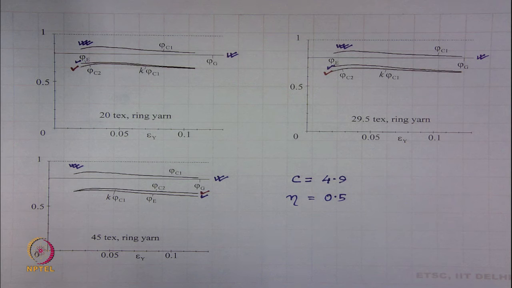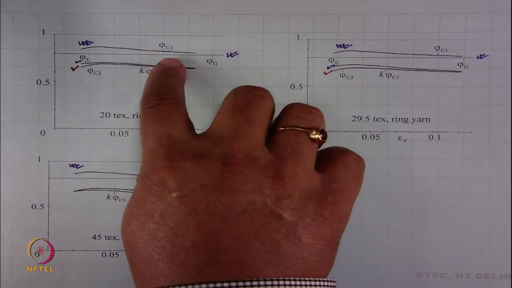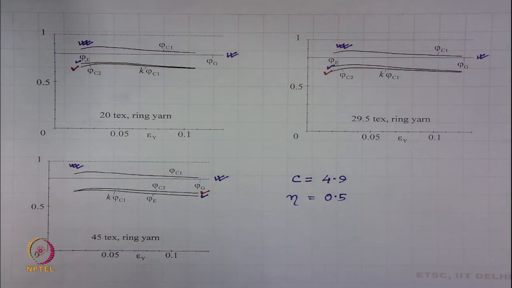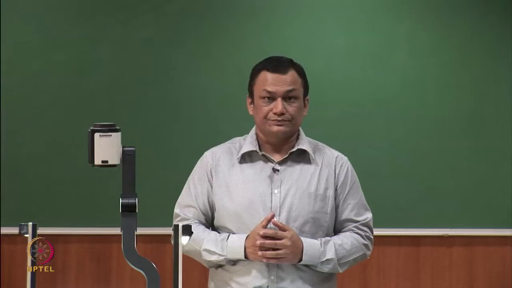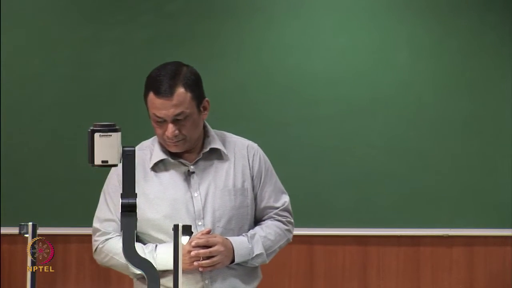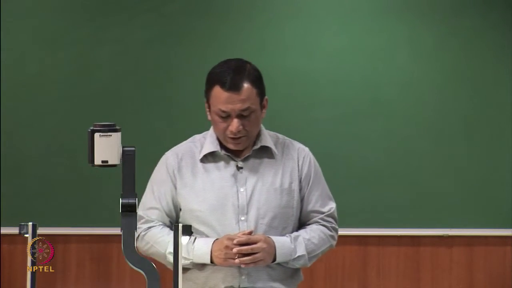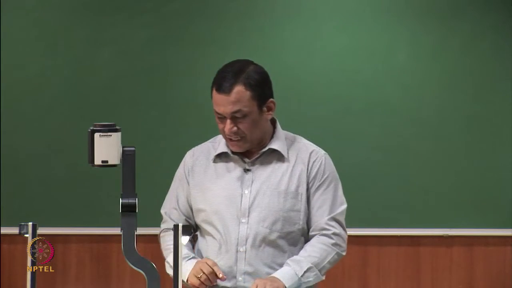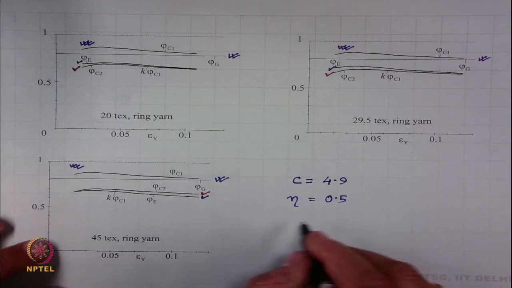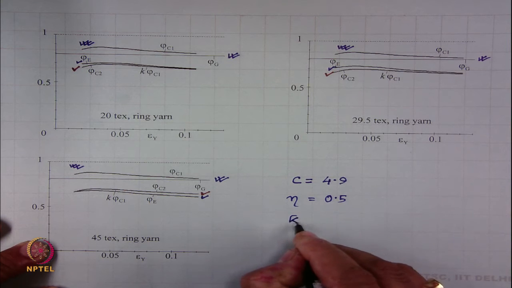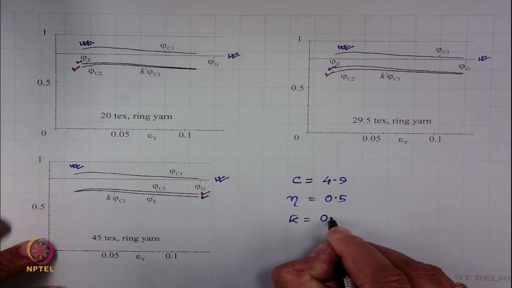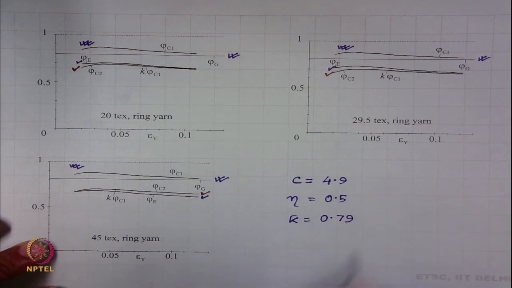This thin line was obtained by multiplying a factor to phi subscript C1, so that phi subscript C1 comes down. That factor for this case was 0.79.